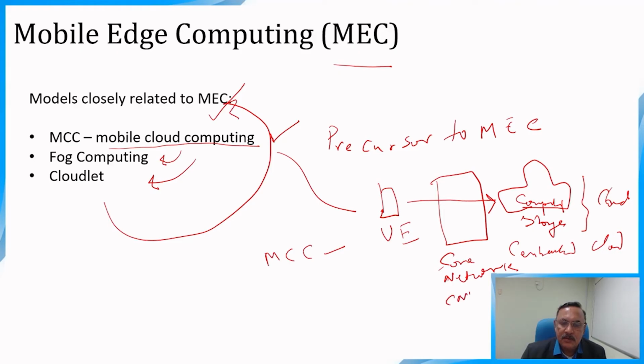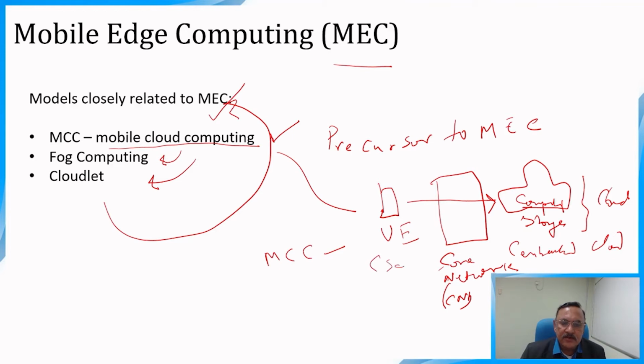This is accessible through the network, which is called the core network, CN for short, of a mobile operator, and the internet. So, this MCC, mobile cloud computing, brings several advantages. First, it extends the battery lifetime by offloading the energy consuming computation to the cloud.